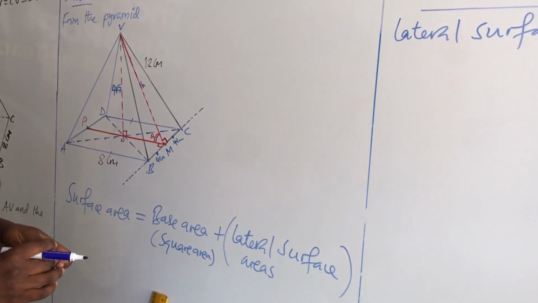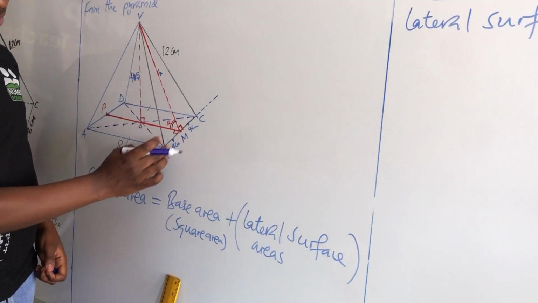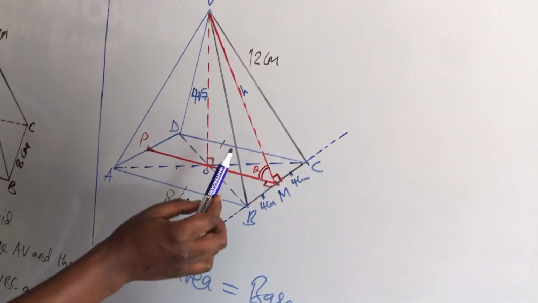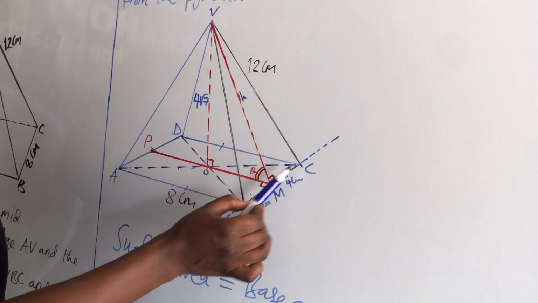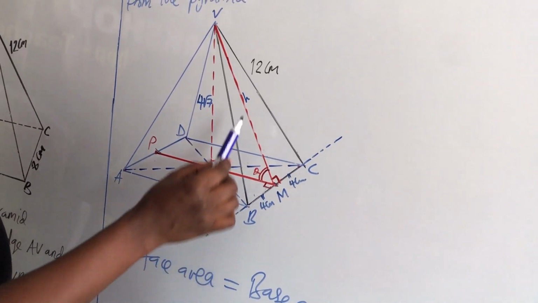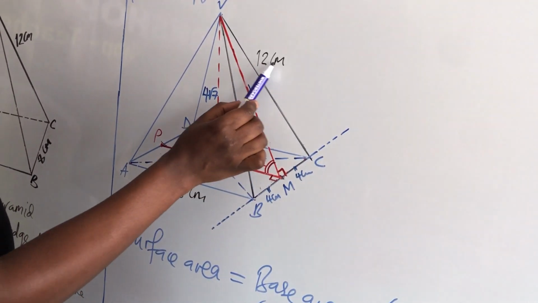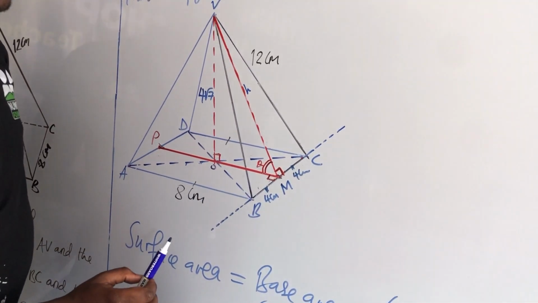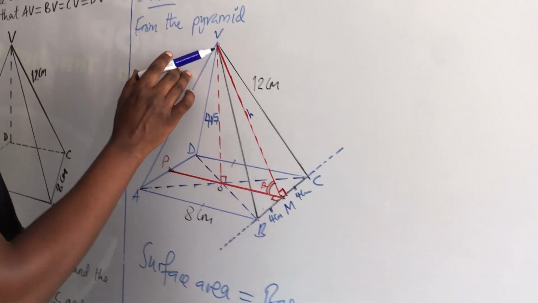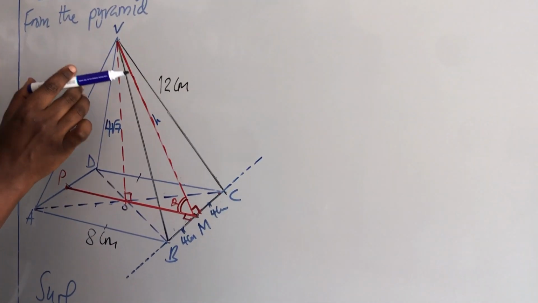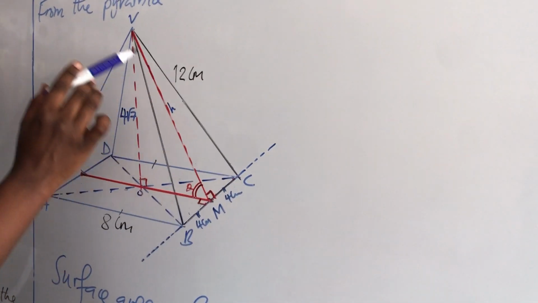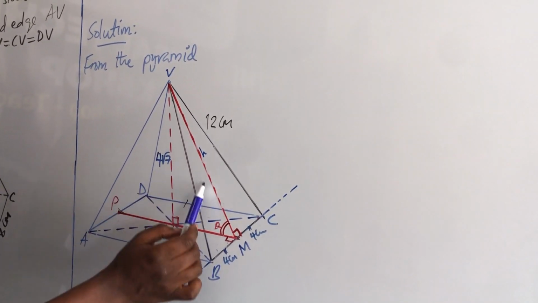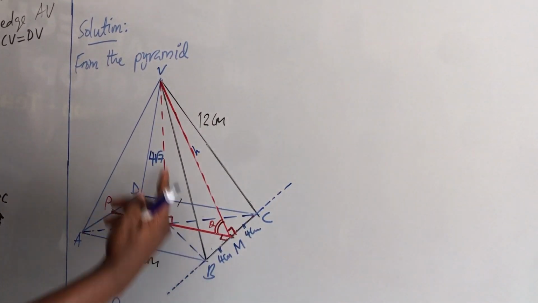Now from VBC, which can be observed from the figure here, we have the base BC, which is 8 centimeters in length, and we have this slant edge, which is 12 centimeters, but here it acts like the hypotenuse of the triangle VBC. Now we developed here the height of the triangular face VBC, which is VM. This will help us find the area of this triangle.